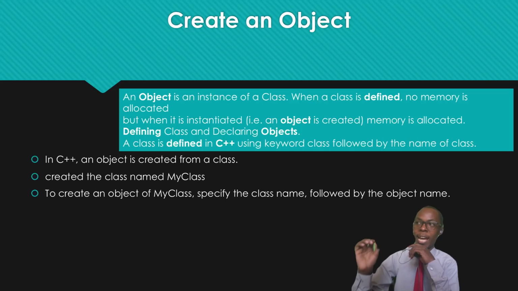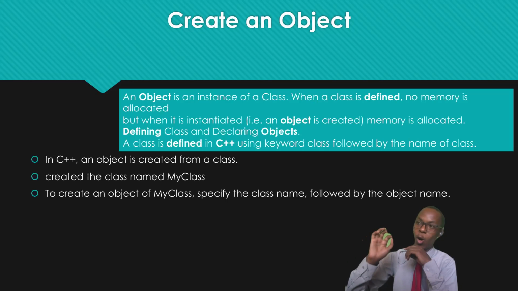When you declare an object, at that moment the memory is going to be allotted. So keep this in mind: defining a class does not allocate memory; the memory is allocated when an object is declared.